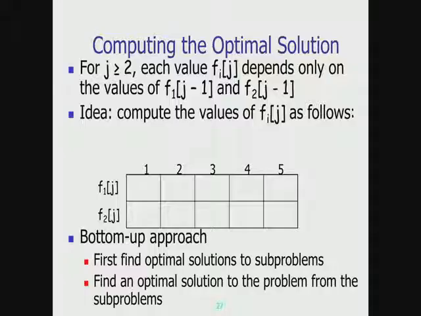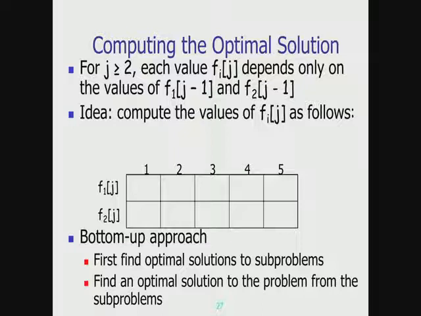On the other hand, if one uses the bottom-up approach, one can indeed observe that the values of interest F1 of n and F2 of n can be very easily calculated. The main observation that we make is that for j greater than or equal to 2, the value of Fi of j depends only on F1 of j minus 1 and F2 of j minus 1.